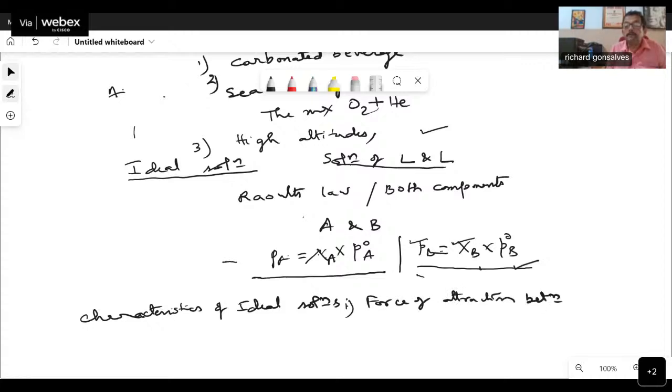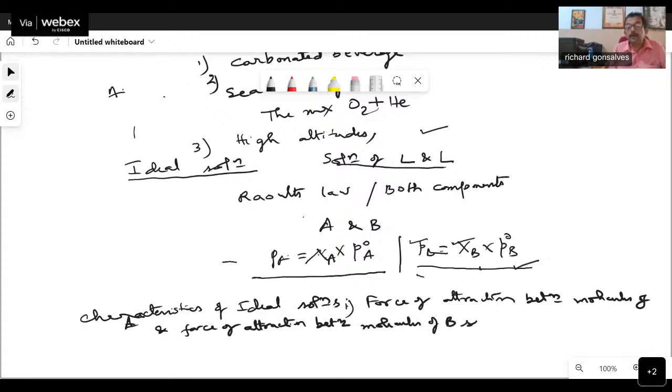between molecules of A and force of attraction between molecules of B should be almost same.